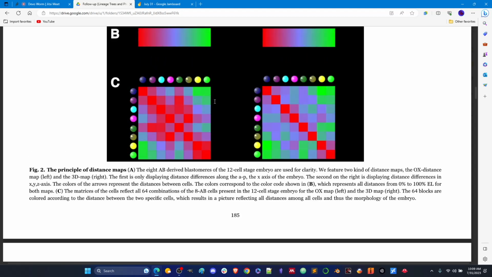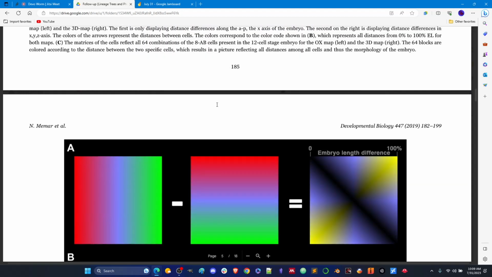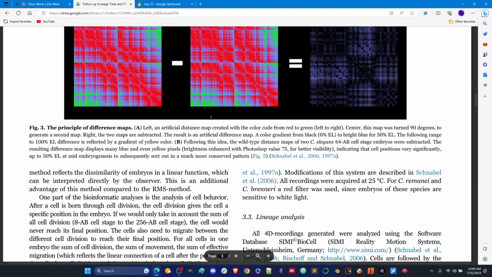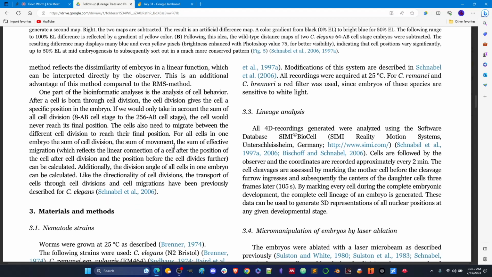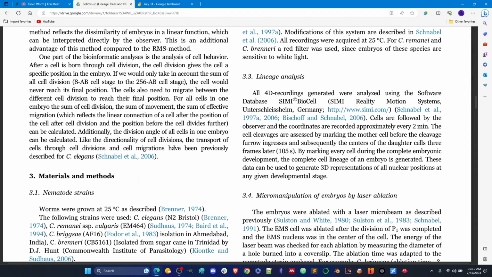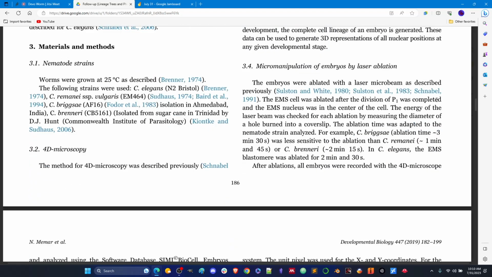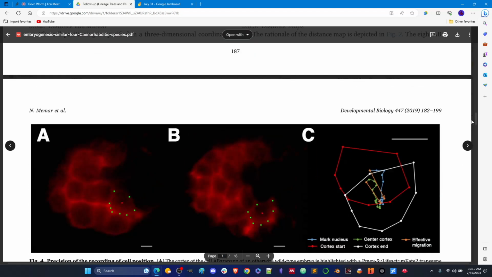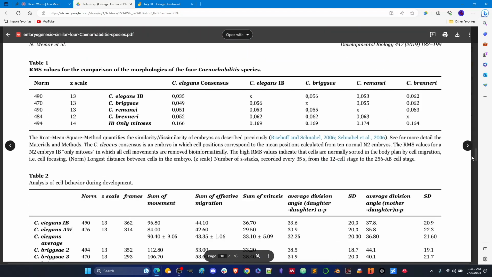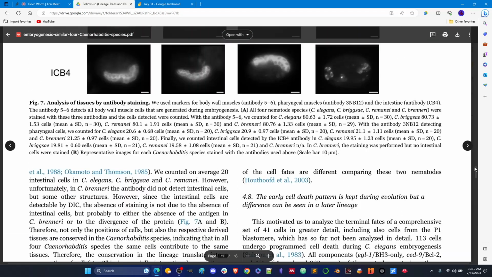So this is the lineage tree. In this case, they're working from the AB sublineage, which is the anterior end, and they're just looking at that. I don't know if they have any other figures in here worth talking about. Yeah, I don't think they have any lineage trees mapped out.